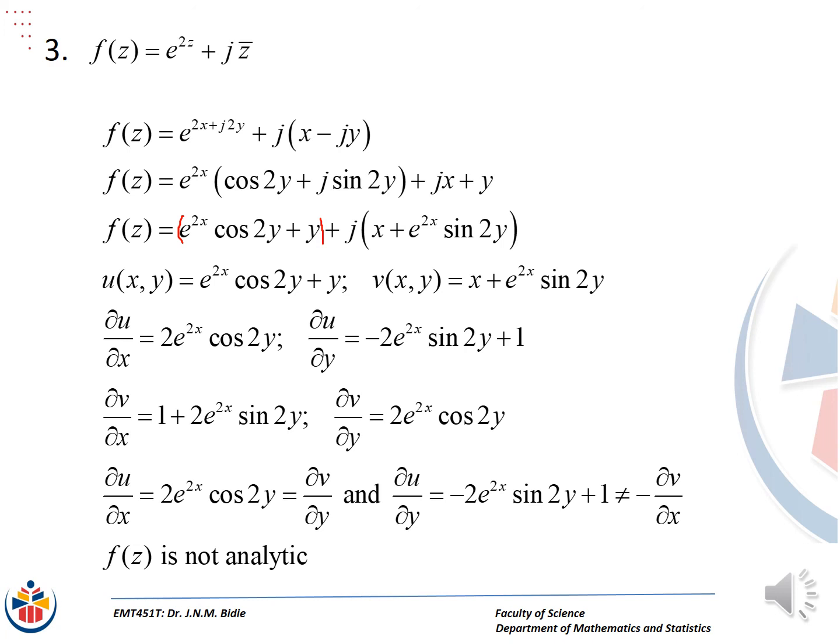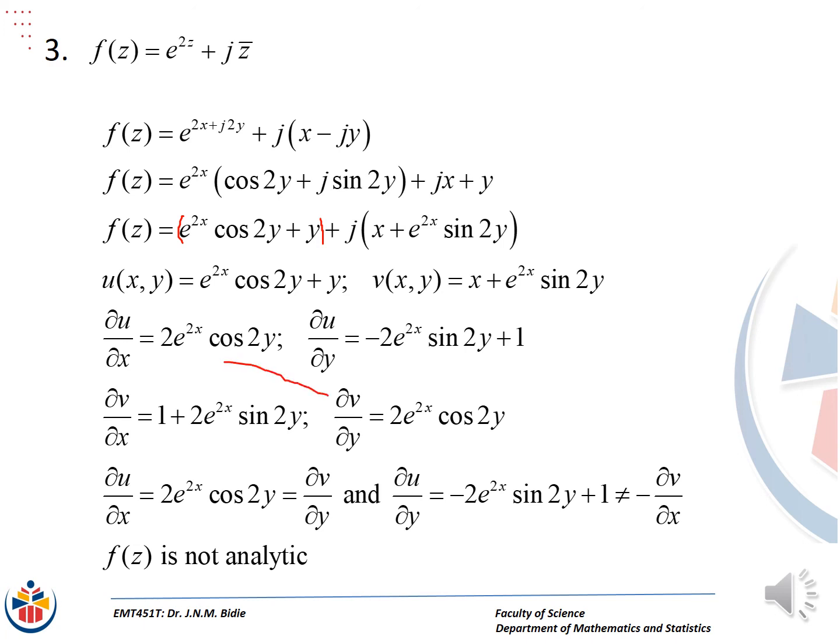Then we go to v. Differentiate with respect to x first, with 1 plus 2 e to the power 2x sine 2y. And then with respect to y, the first term is 0. Then we'll have 2 e to the power 2x cos 2y. Then we check whether the Cauchy-Riemann equations hold. du over dx must be equal to dv over dy.